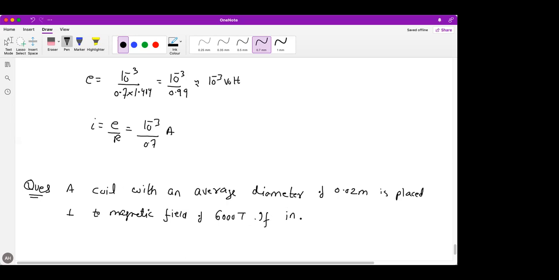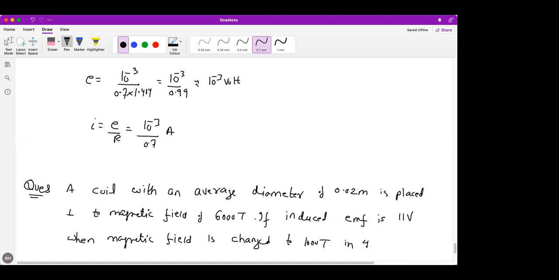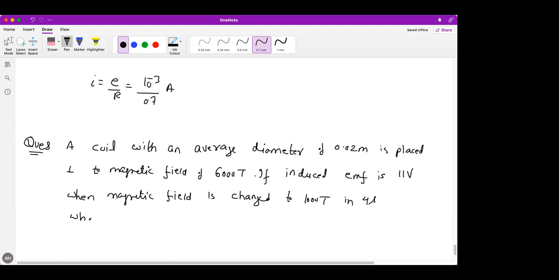If the induced EMF is 11 volt when the magnetic field is changed to 1,000 Tesla in 4 seconds, what is the number of turns in the coil?